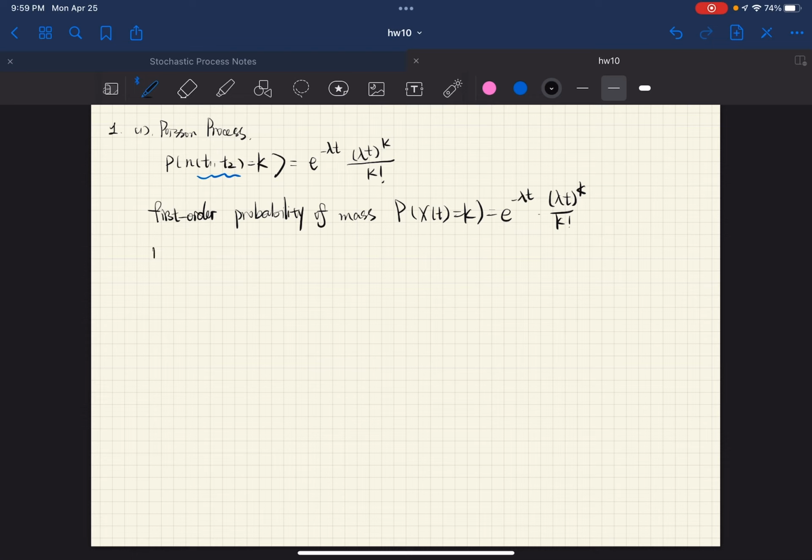And for the mean, we have it equals lambda t, which is linearly dependent on the time t.